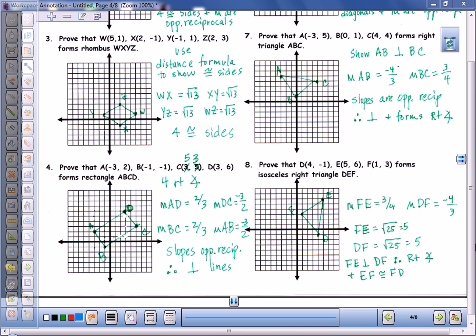Okay, guys, try number 1. Please try number 1.